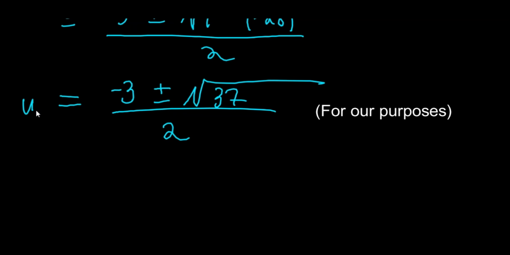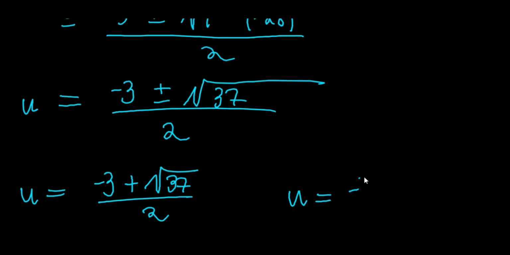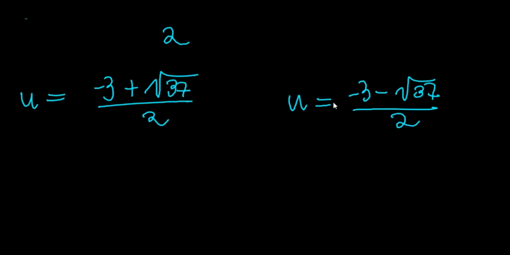And so this is u. These are the two roots of u. That is, u is equal to negative 3 plus square root of 37 over 2, and u is also equal to negative 3 minus square root of 37 over 2. So let's say that u is equal to this one over here.